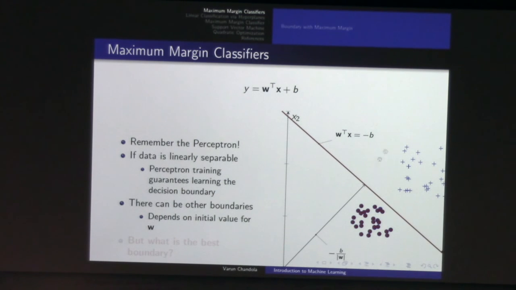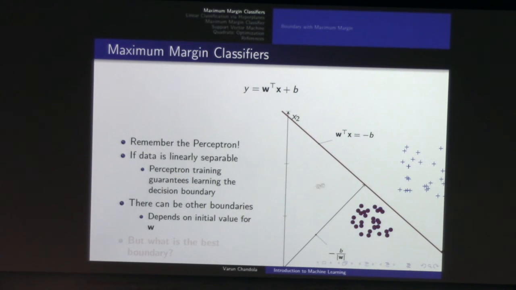Let's say you start your line like this, and slowly as points come in, it keeps on adjusting. Once it reaches here, it won't change, because the only time it changes is when it makes a mistake. But once it reaches here, it won't make any more mistakes. But this is a perfect line.